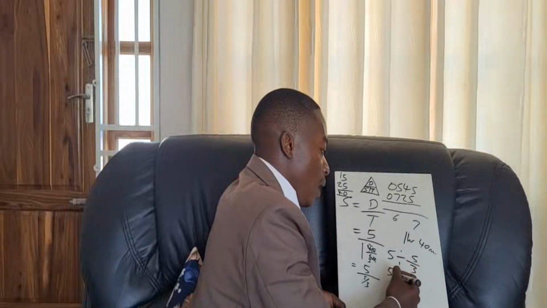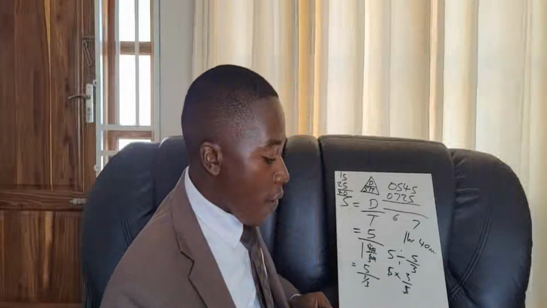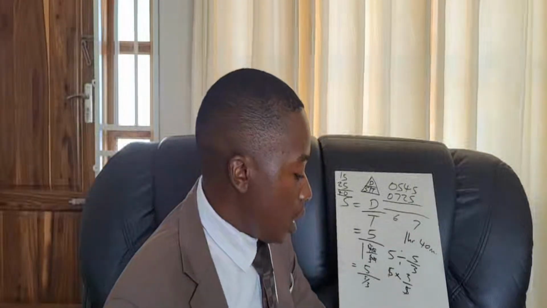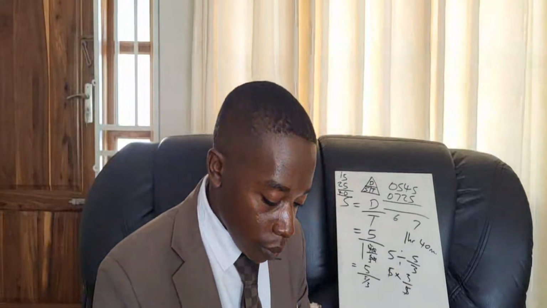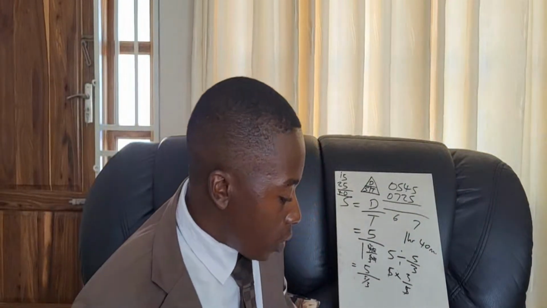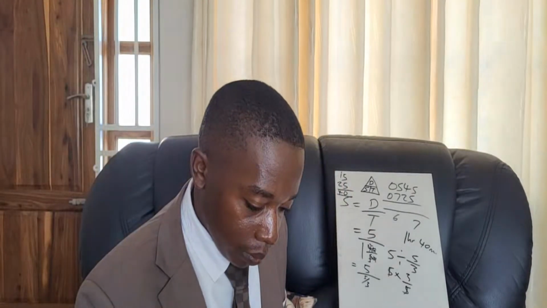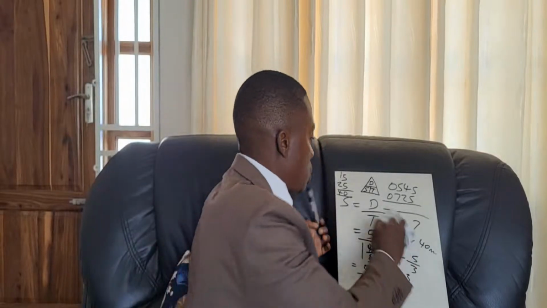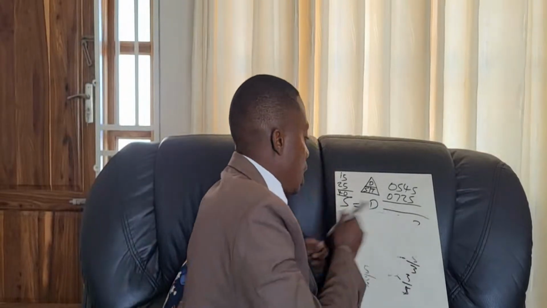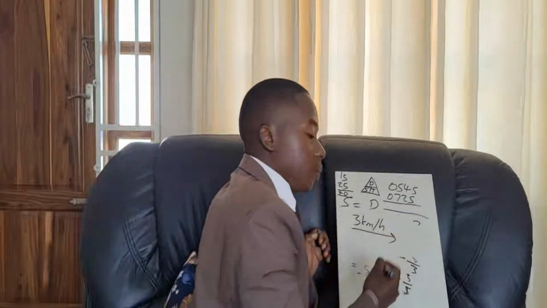That is 5 times 3 over 5. So what did I find? 3 kilometers per hour. Is that clear? Any question? Ask any question. 3 kilometers per hour. That was the speed.